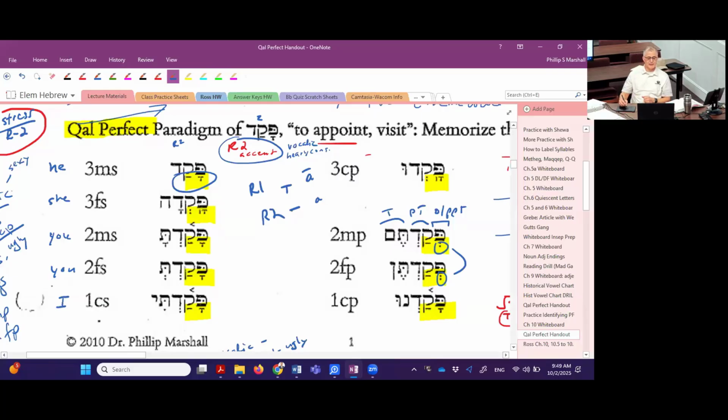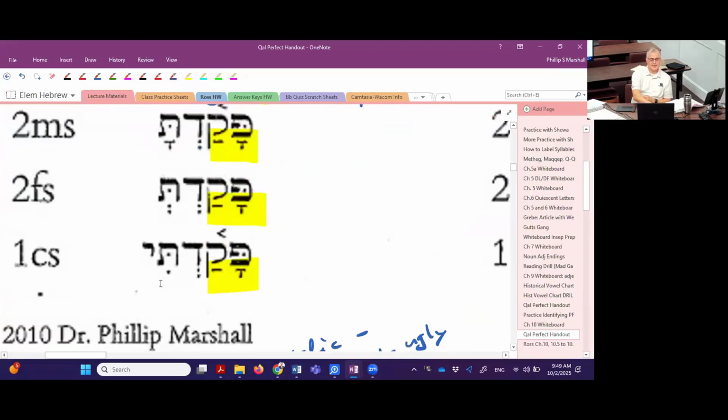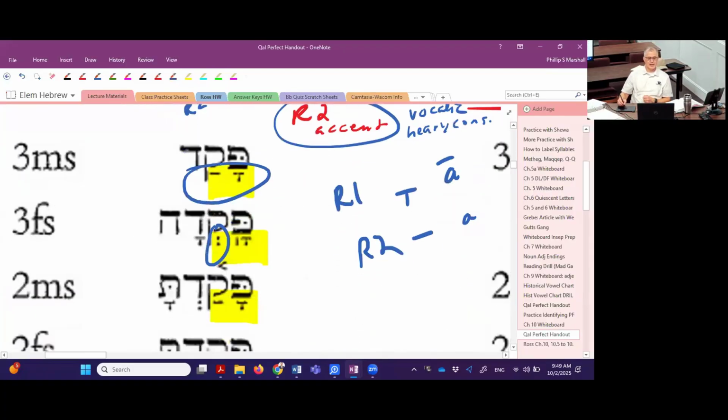What does it become if it's not a patah? Where do I see the exceptions? Here and here under the root 2 column. What is that? That's a shava. Is it silent or vocal? What do you see here? There is a metheg here, isn't there? So that is a long A still, right?